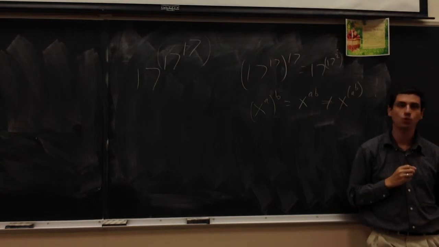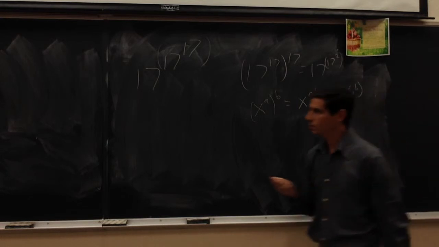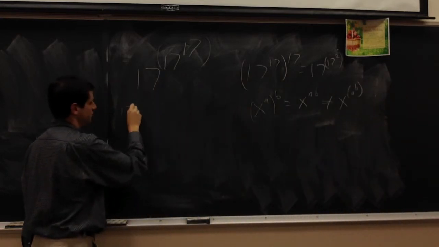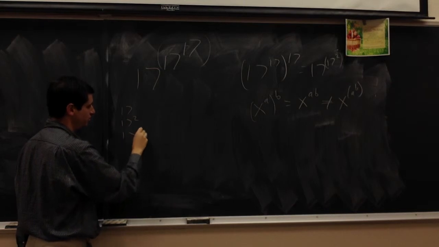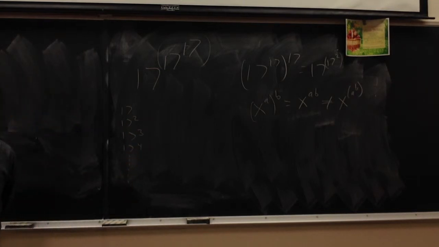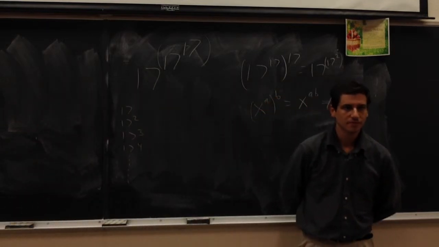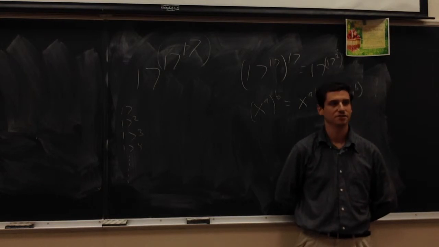So we want to figure out the ones digit. All right? So we can start calculating. 17, 17 squared, 17 cubed, 17 to the 4th. Yes? Well, there's probably a simple recurring pattern among the ones digits. Excellent. Why?